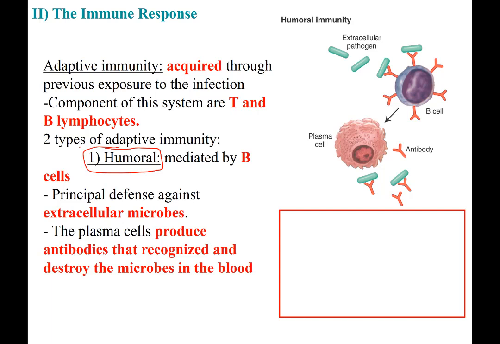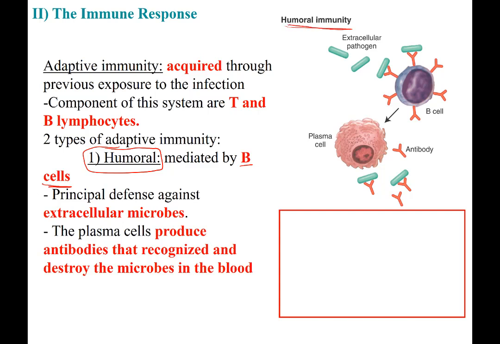The second one is called the cell-mediated system, that we'll talk about later. The humoral system is mediated by B cells. We didn't really talk about T and B lymphocytes, but they are part of your white blood cells. And B cells are very important in the acquired immunity because they're responsible for the humoral system.